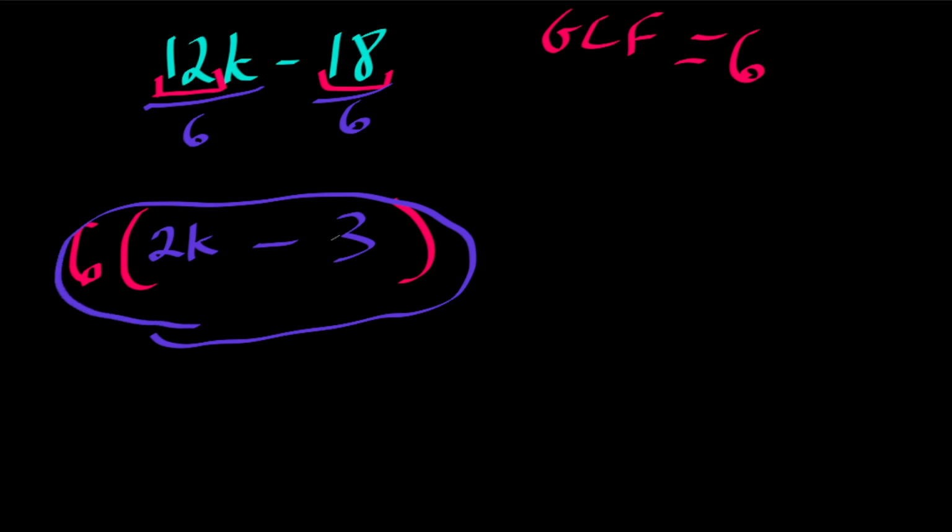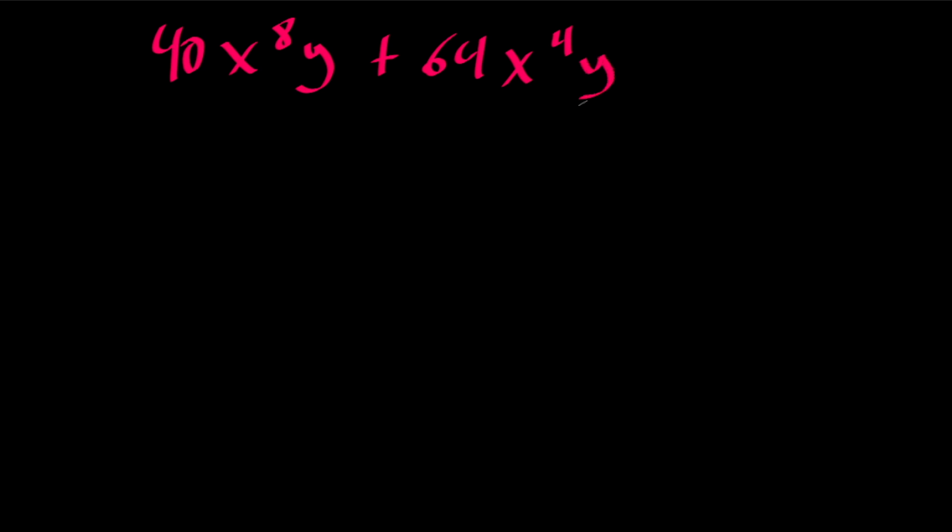All right, so now let's look at another one, with a variable thrown into the problem that we could actually factor out. Let's say we have 40x to the 8th y plus 64x to the 4th y.